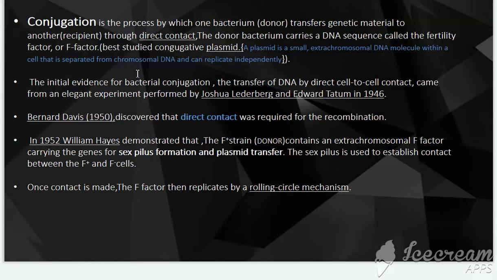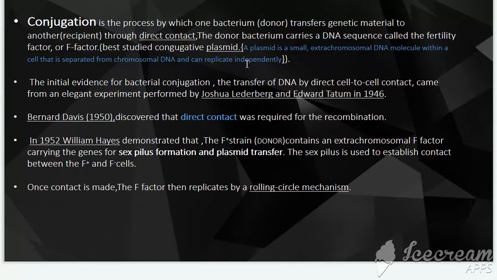Just like that, the bacterium which is donating or transferring its genetic material becomes the donor, or you can call it F plus, and the bacterium which is receiving the genetic material becomes the recipient, right? Now, it can only happen if there is direct contact between two bacteria.